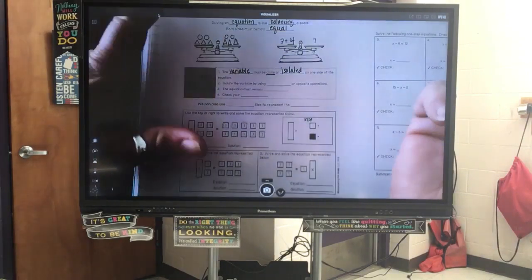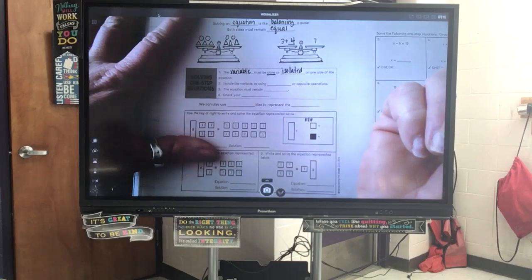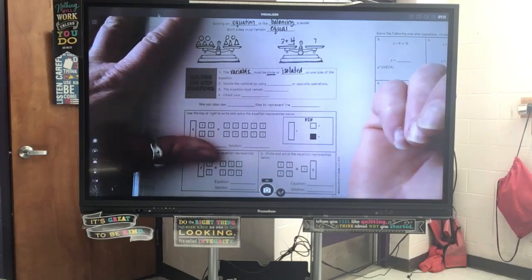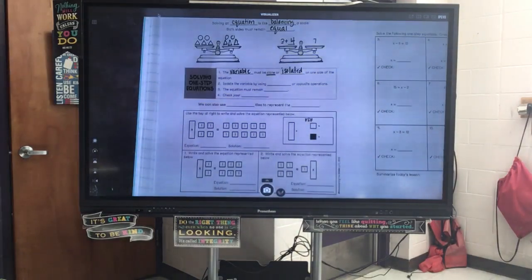Isolate the variable by using blank, or opposite, operations. What word do you think goes there? I said it a couple of times this morning. What's another word for opposite operations? Inverse operation.